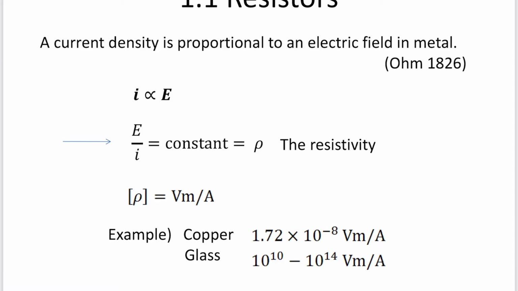If we know the resistivity, we can estimate the mean collision time of electrons. Current density J is expressed as charge q times number density n times the drift velocity of electrons.